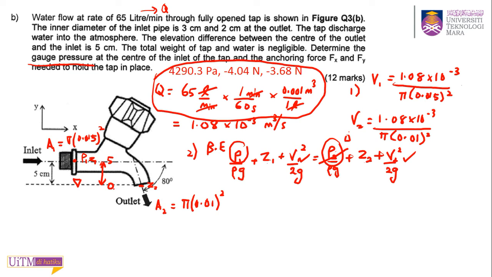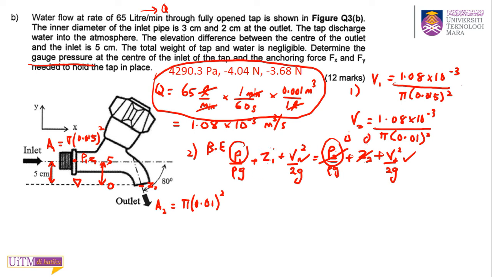So either one. Just Z1 minus Z2 is 5. They give you the difference, 5. I take Z2 as my reference point. I always take the bottom as your reference. So this will be 0, and Z1 will be 5.